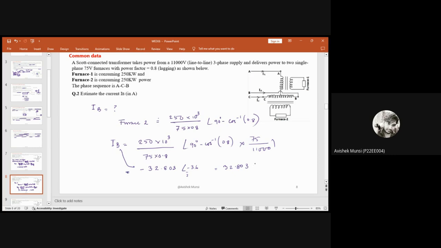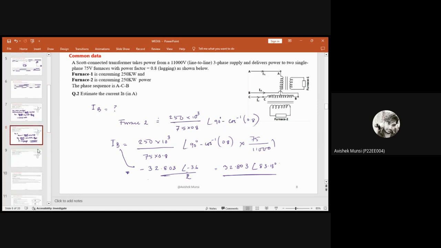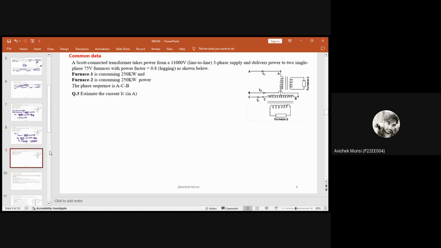This equals 32.803 at an angle of 83.13. Since IA is divided in both the sides, IB will be this one minus this, which is 32.803 at an angle of 83.1. This question has another part, which is to calculate IC. So we have IA and IB. Now we have to calculate IC.